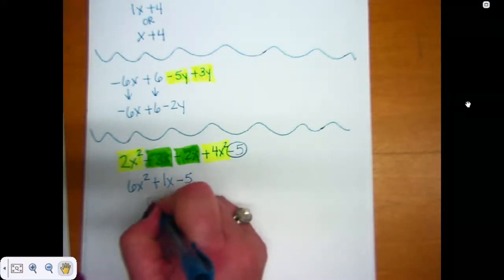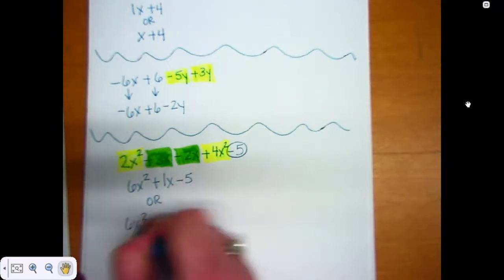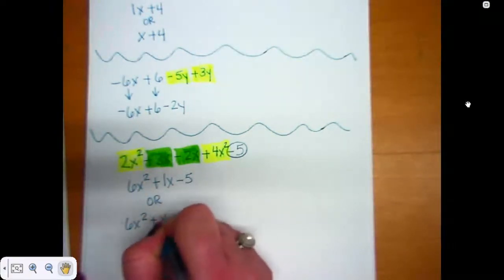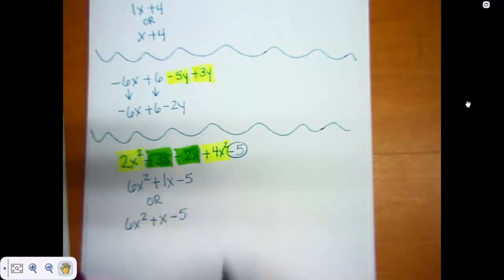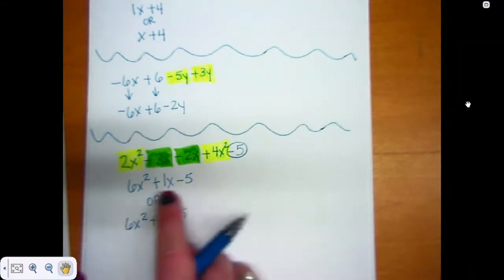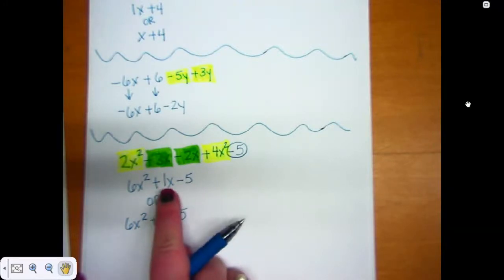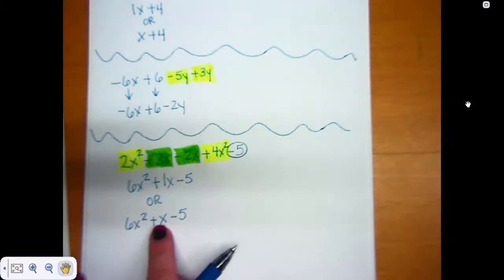And I would like to also point out that we could write it as 6x squared plus x minus 5, and it means exactly the same thing. You usually don't see the 1. I like to put it when we're starting so we get used to knowing that there's a 1 there. But this is a 1x and this is also a 1x.